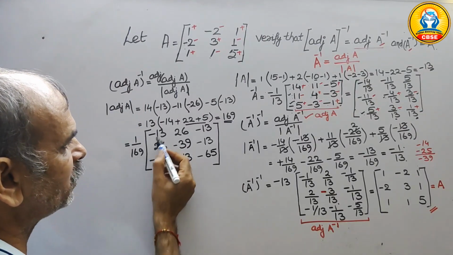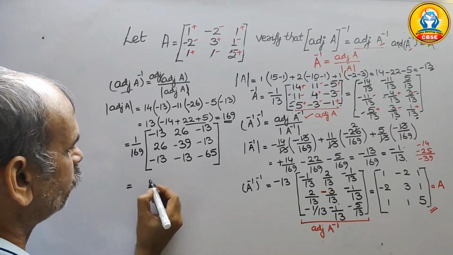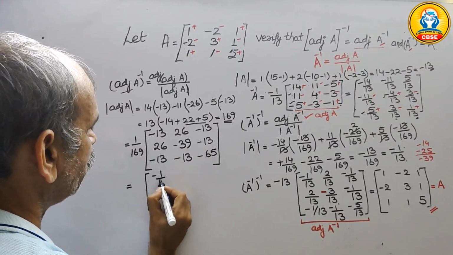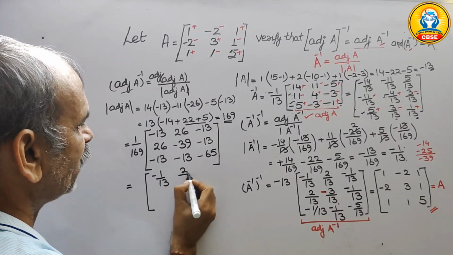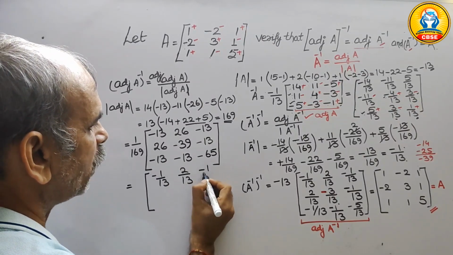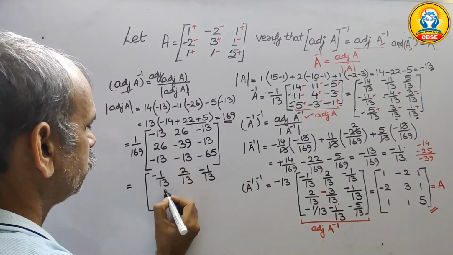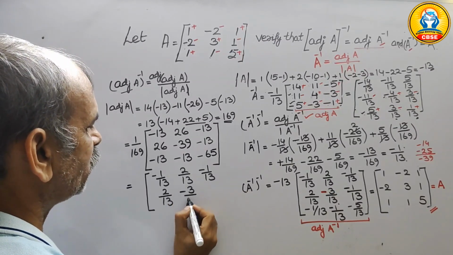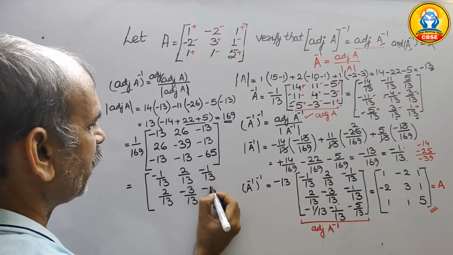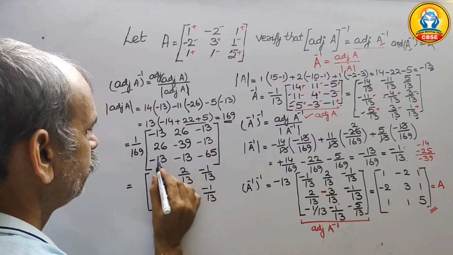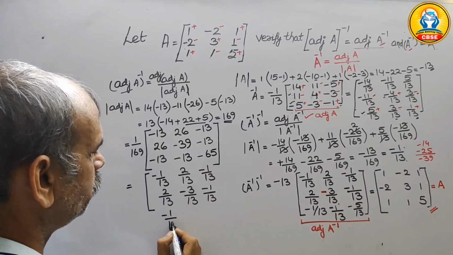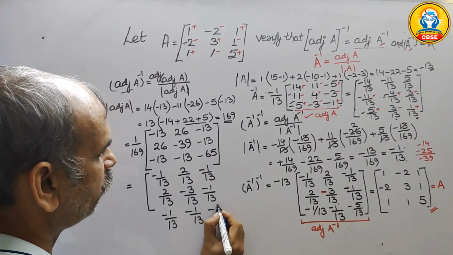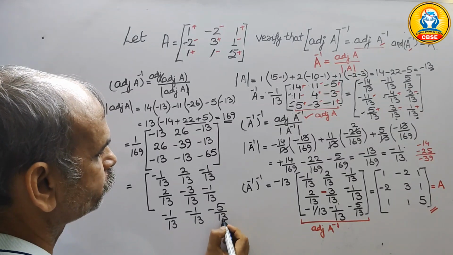That means we have to divide this by this. So here we will get what? Minus 1 by 13, 2 by 13, minus 1 by 13; this is 2 by 13, this will be minus 3 by 13, and this will be minus 1 by 13, this will be minus 1 by 13, this will be minus 1 by 13, and this will be minus 5 by 13.